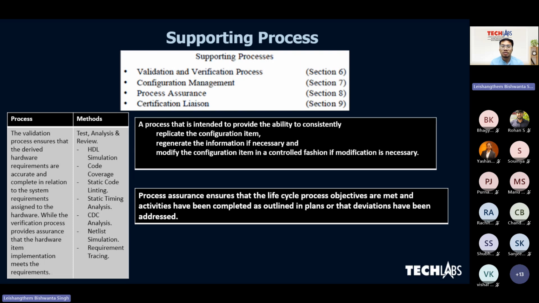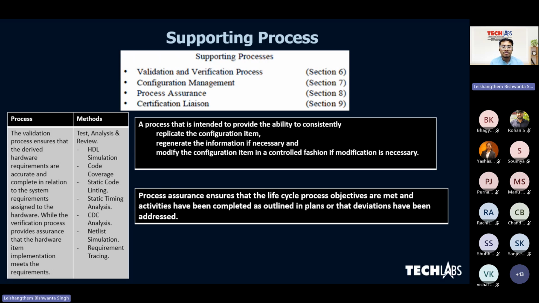This is very important because if we follow the plan we have already defined in the planning stage, then our project will be finished in time, with no delay in audits at all. Once we deviate from that plan, there is always a risk involved: delay in the project, delay in the lifecycle data, ultimately leading to delays in the reviews and audits. That is why process assurance is very important, though often overlooked.